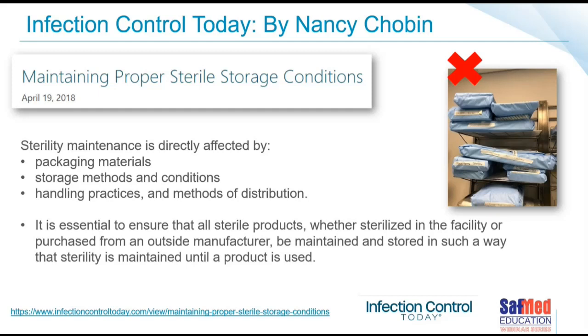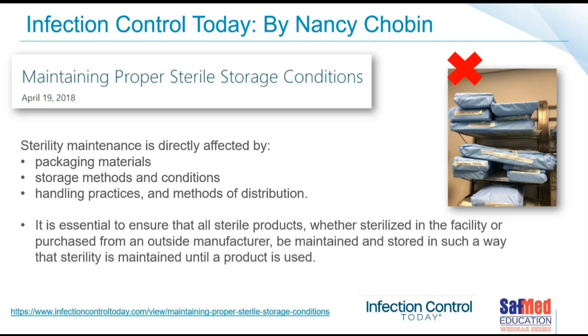Sterility maintenance is directly affected by packaging materials, storage methods and conditions, handling practices and methods of distribution. Just to focus on that packaging material, sterility maintenance is directly affected by packaging materials.